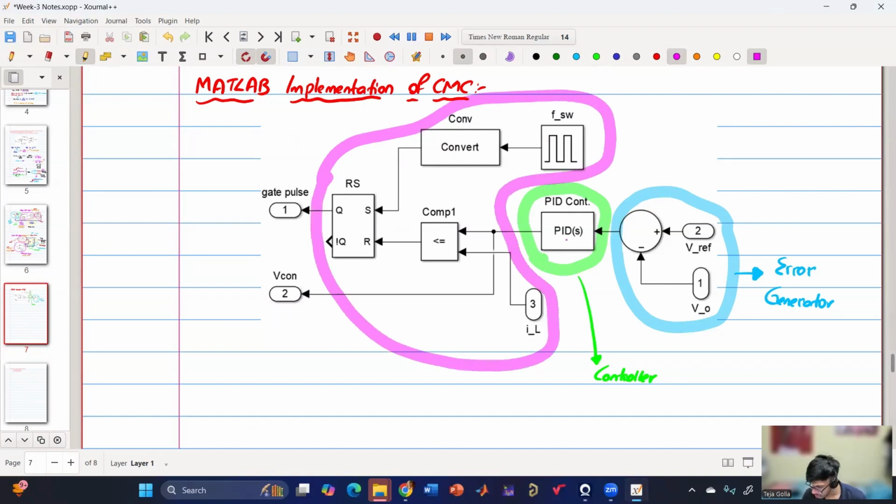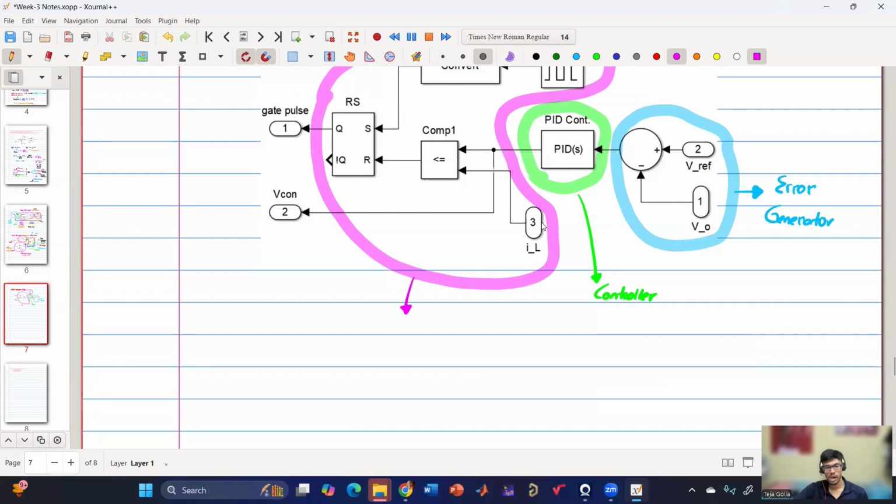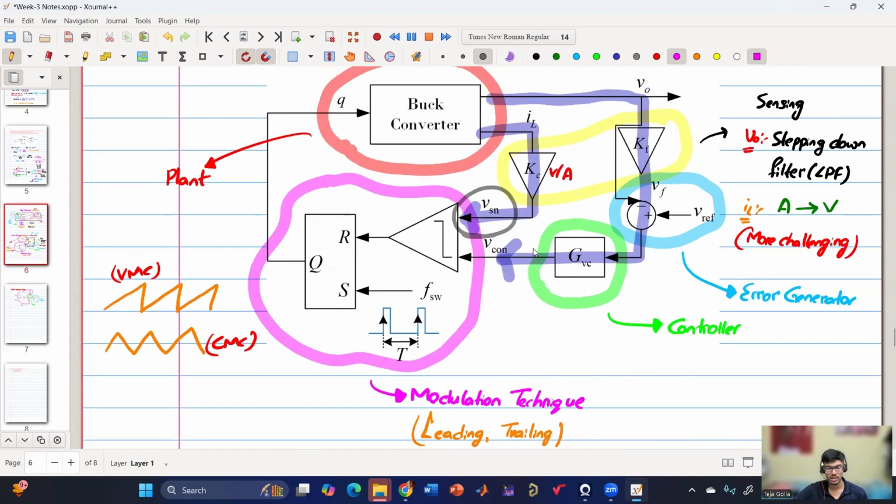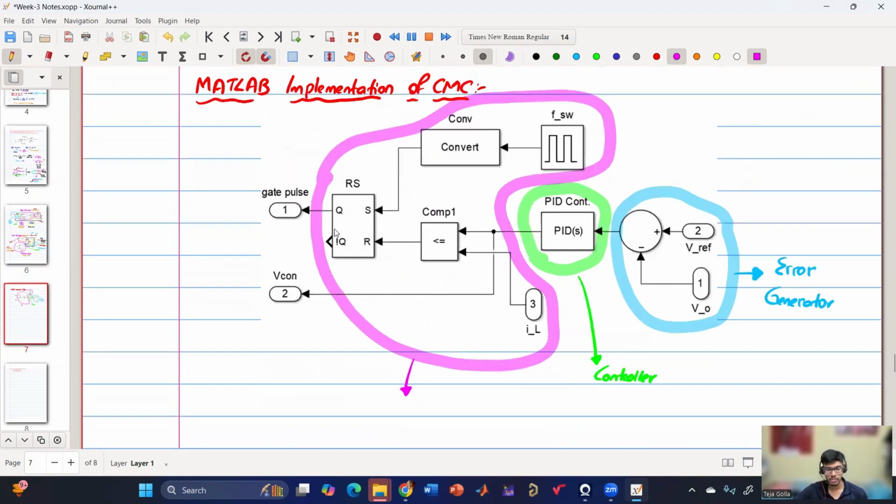This entire thing, what is this? If we go back here, basically there is a set pulse and a reset pulse coming from a comparator. The input of the comparator is the control voltage coming from the controller, which is compared with the inductor current.